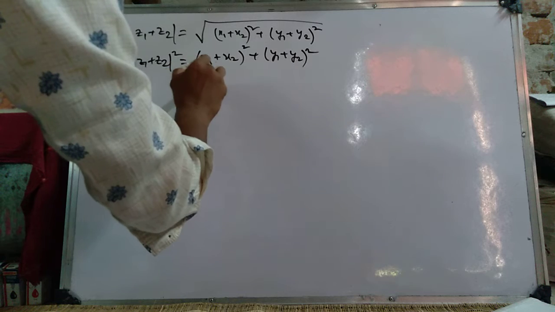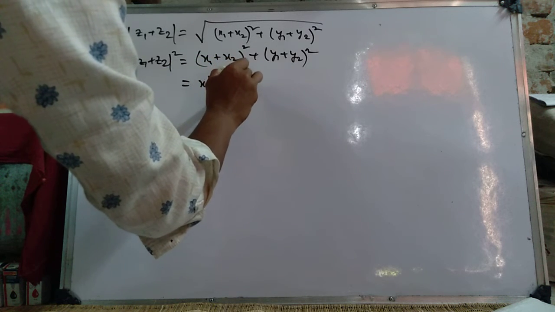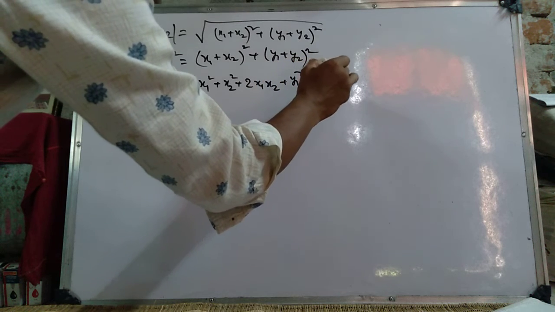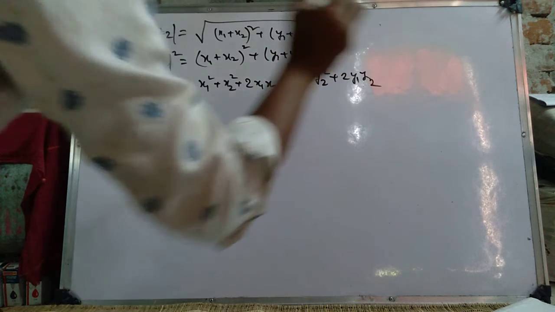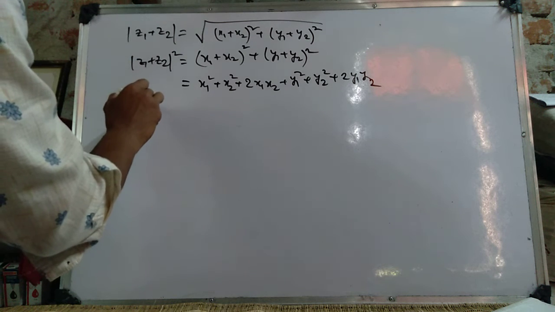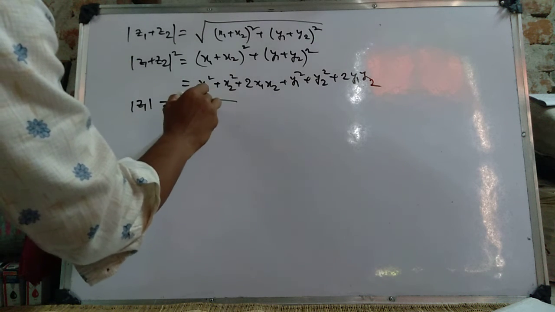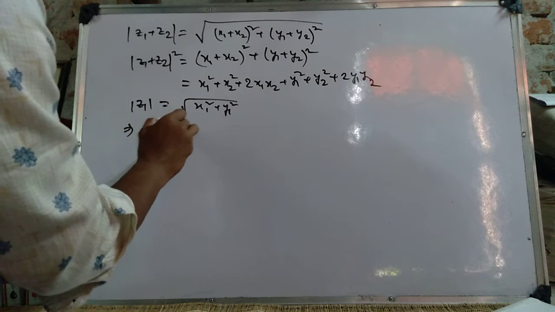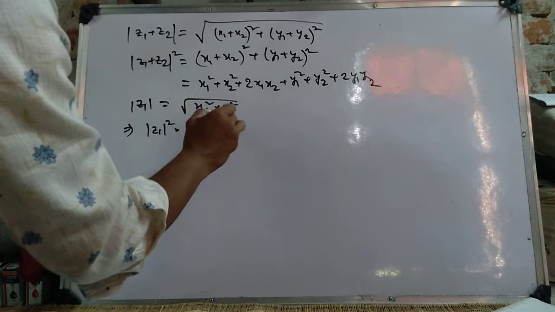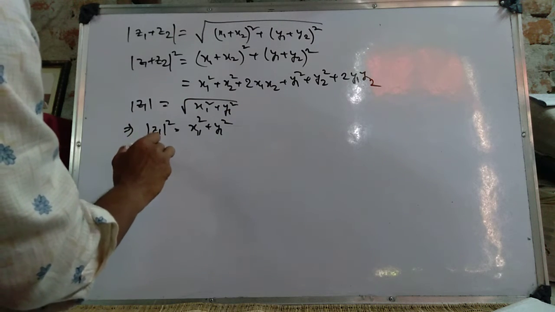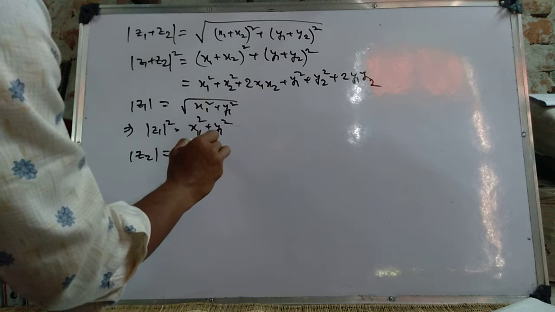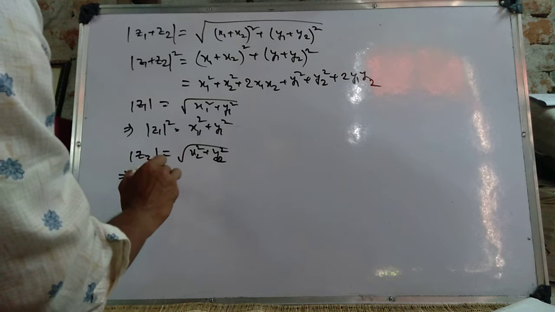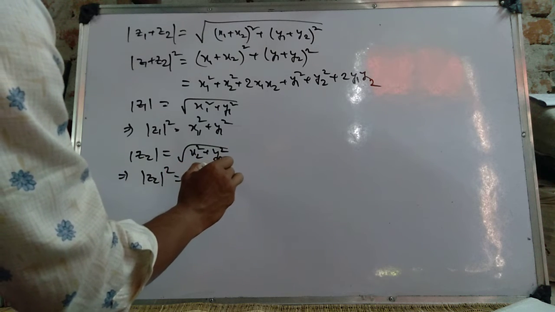Then we get x1 square plus x2 square plus 2x1x2 plus y1 square plus y2 square plus 2y1y2. And mod of z1 equals the square root of x1 square plus y1 square, which implies mod of z1 square equals x1 square plus y1 square. Mod of z2 equals the square root of x2 square plus y2 square, which implies mod of z2 square equals x2 square plus y2 square.